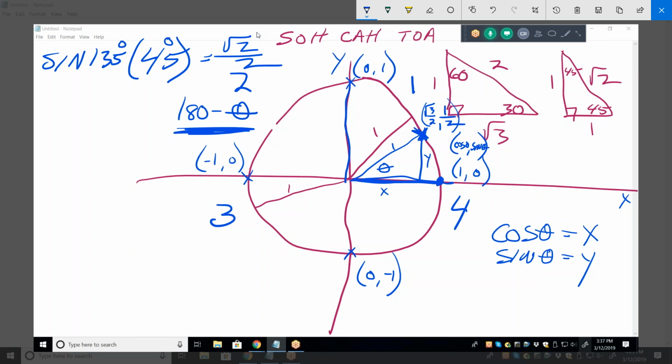Now, the last thing I need is to put the plus or minus on it. So there's one more thing that this page needs. All students take calculus. What that does is it tells me whether it should be plus or minus. Well, the sine of a second quadrant angle is what?